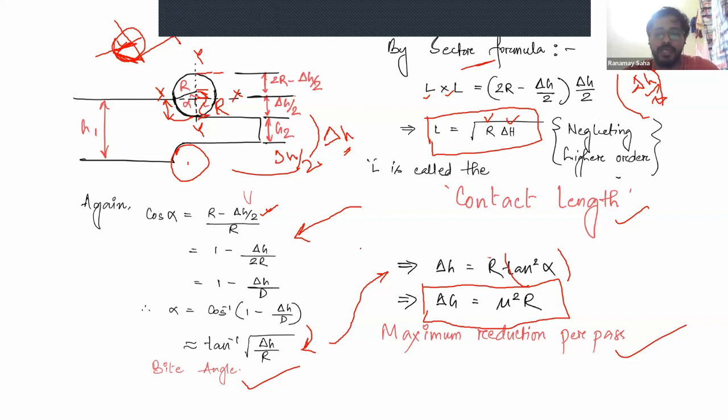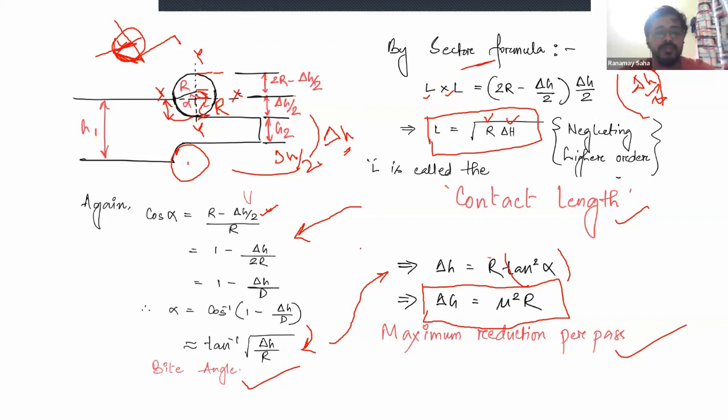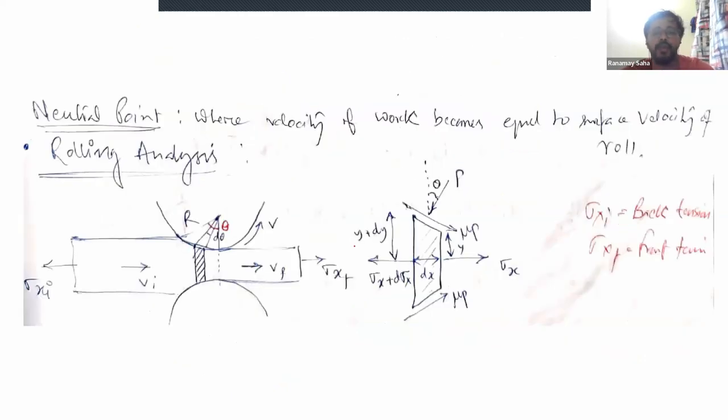Okay, so assuming that these small concepts are clear to you all, we'll proceed to our next slide, which deals with the mechanics of the rolling process. As you have seen earlier, suppose this is one roll and this is another roll rotating in the opposite direction.